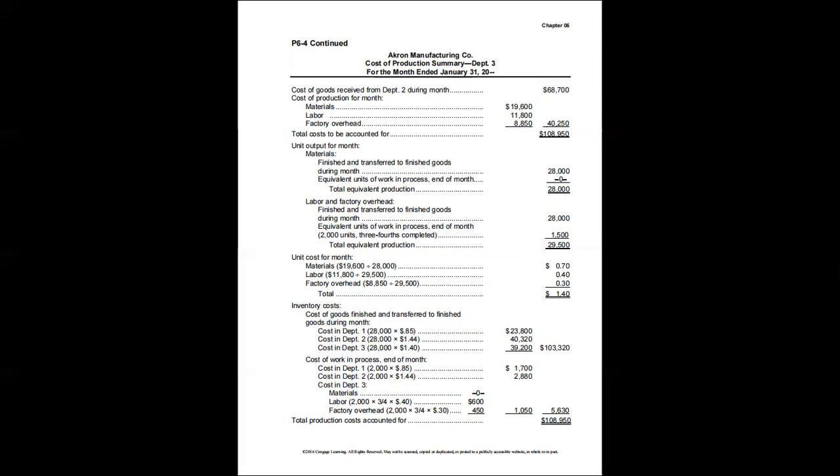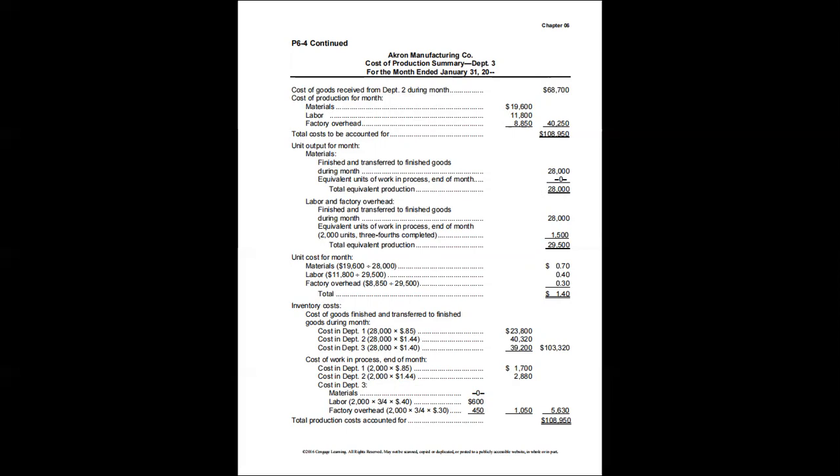So we have now the materials for the work in process, and it's 0. We are now in Department 3, and as stated, in Department 3, materials are added at the end of the period. So meaning, for the ending inventory of work in process in Department 3, materials applied is 0 because materials are applied only at the end of the process. So we have labor, the EP, equivalent to 3/4.